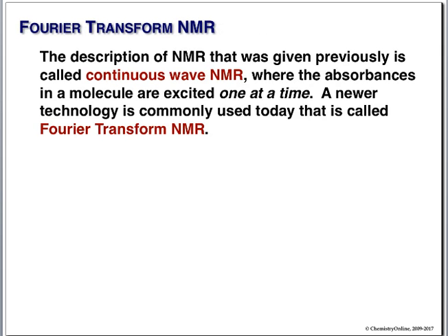All right, the instrument that I showed you earlier is a continuous wave NMR. And the spectra that we're going to look at in class are basically all recorded on continuous wave machines. There's a better way to do it these days, and this is called Fourier transform.